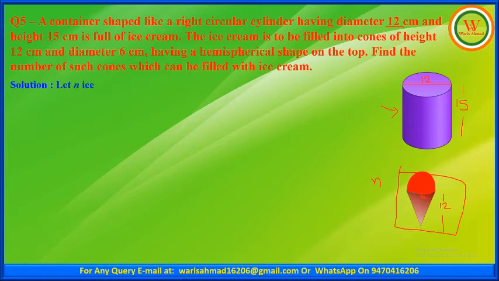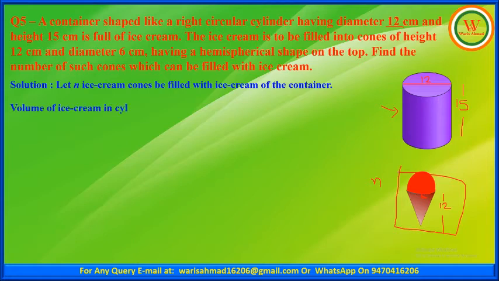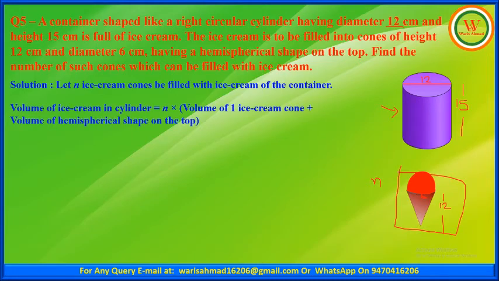Let n ice cream cones be filled with ice cream of the container, and here the volume of ice cream in the container will be equals to n into volume of one ice cream cone plus volume of hemispherical shape on the top, because one cone is consisting the ice cream inside the cone as well as on the hemispherical part also. So here we have assumed we have n number of cones. So volume of ice cream in the cylinder will be equals to n into volume of one ice cream cone plus volume of hemispherical shape on the top.